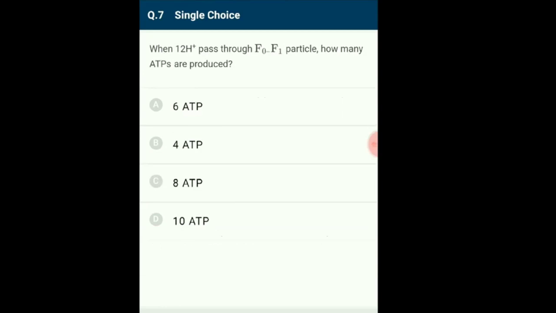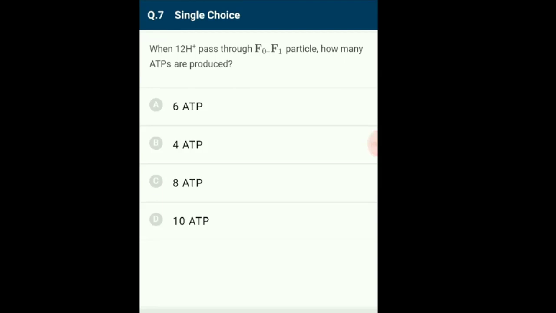Question number 7. When 12 H plus pass through the F0 F1 particle, how many ATPs are produced? The energy released during the electron transport system is utilized in synthesizing ATP with the help of the ATP synthase enzyme. It is present in complex 5. This complex consists of two major components, F1 and F0.